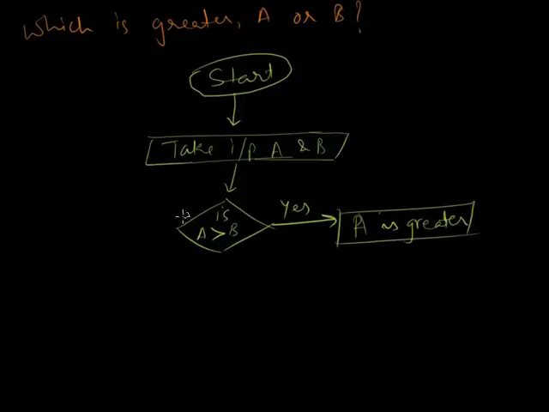If our assumption that A is greater than B was wrong, that is false, then we print B is greater. If A is not greater than B, then it means that B is greater.